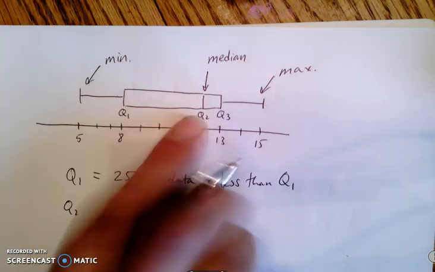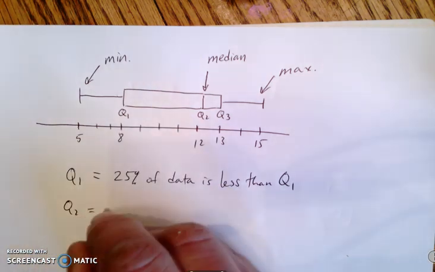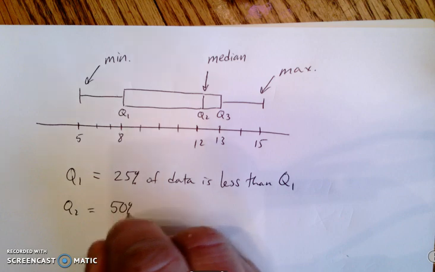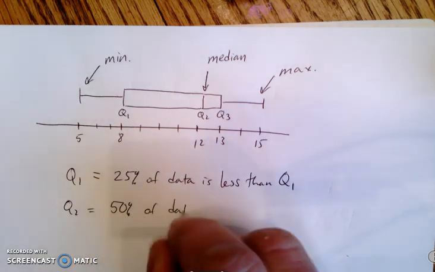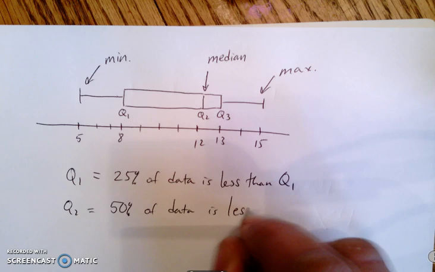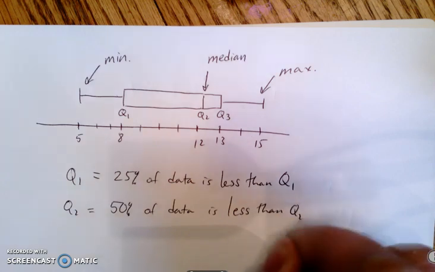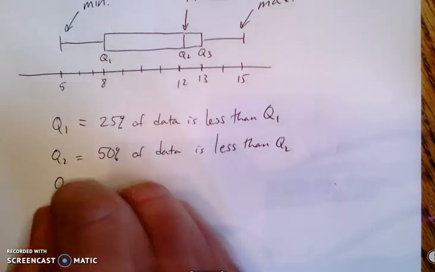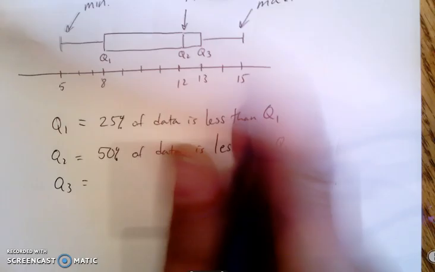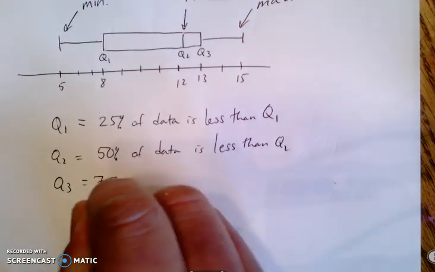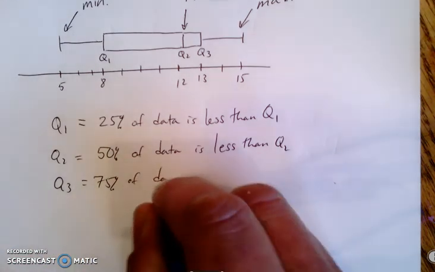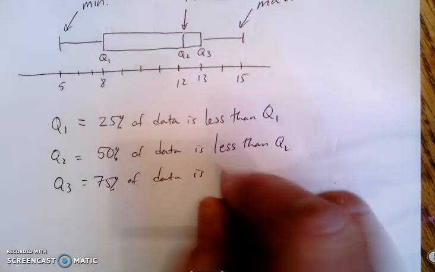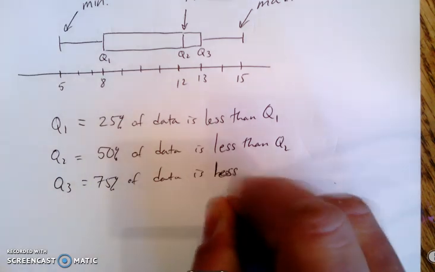Q2, this box is another 25%, so 50% of the data is less than Q2. All right. And Q3, over here, 75% of the data is less than there.